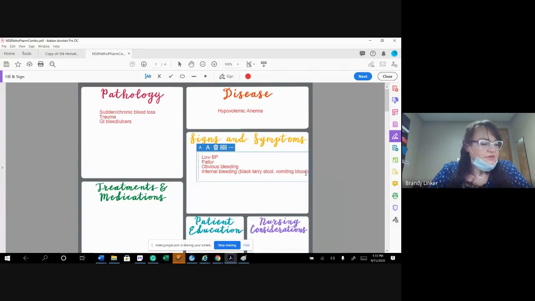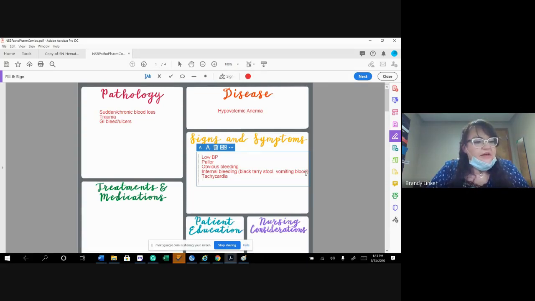Other signs and symptoms, they will also always include the general signs and symptoms for anemia that I listed. Okay. They're going to be tachycardic. Your body's trying desperately to move the little bit of blood that they do have around to oxygenate the tissues. They're going to be pale, tachycardic, maybe diaphoretic. Okay.